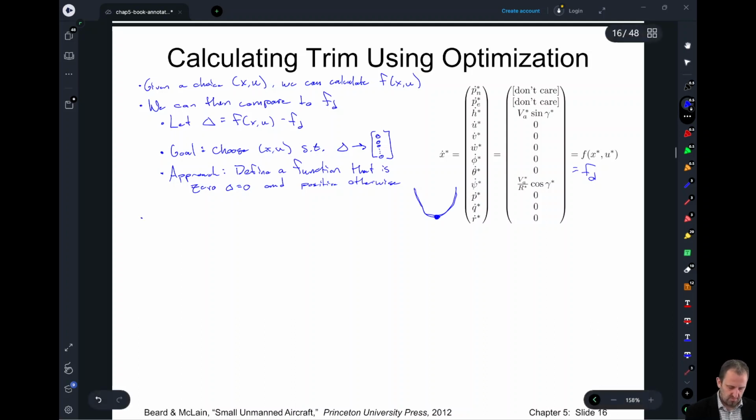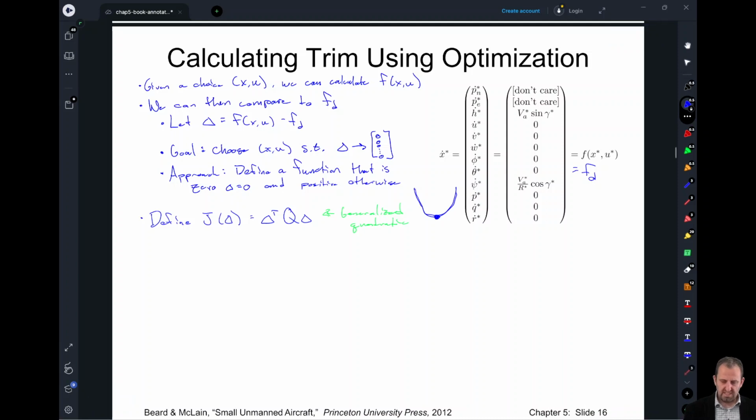So we're going to define a function j, and it's going to be a function of delta. We'll say that this is equal to delta transpose Q times delta. Now this is just a generalized quadratic equation, so it's going to give us that shape that we want.